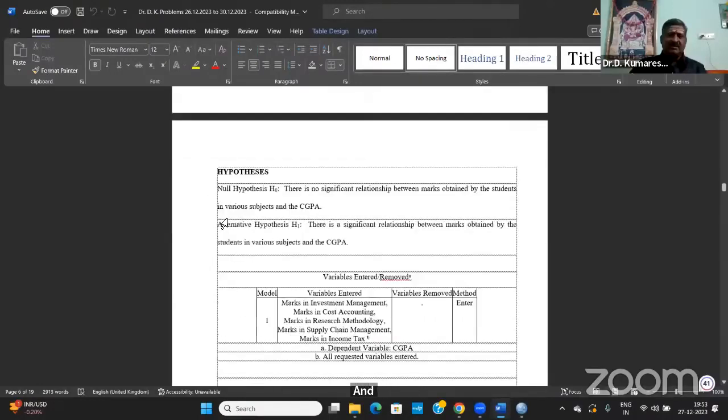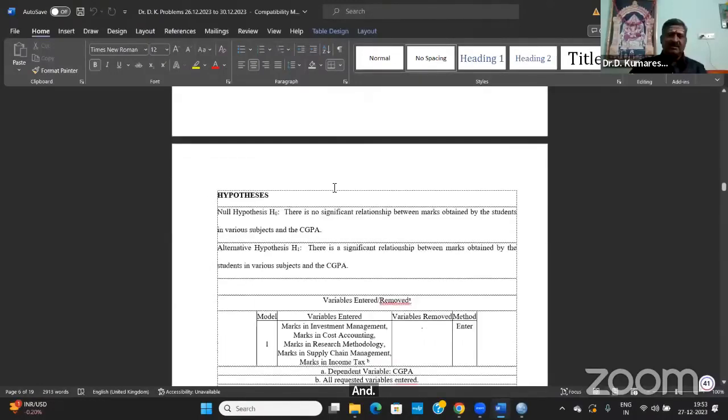I have already shown the hypothesis. Null hypothesis, as usual: there is no significant relationship between marks obtained by the students in various subjects and the CGPA. Similarly, for the alternative hypothesis, there is a significant relationship.